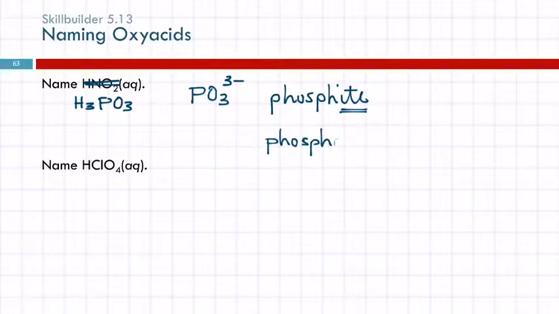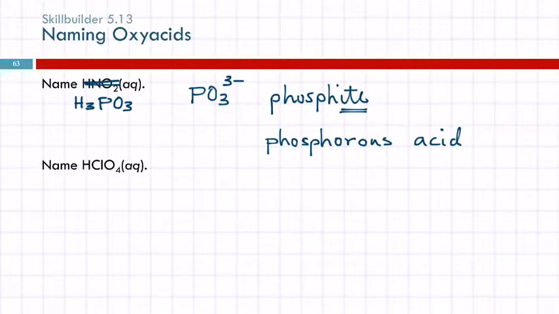It's Friday afternoon. So the "or" comes back from phosphorus. And so we get phosphorus acid instead of phosphus.